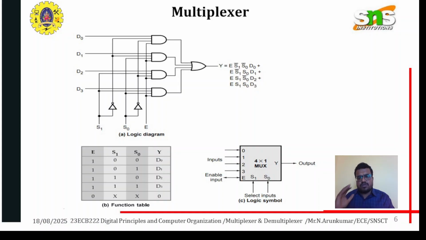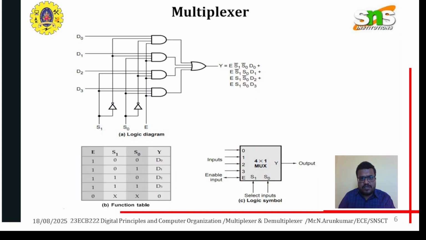Before giving it to the NOT gate the value will be 1, and after the NOT gate the value will be 0. So we get S0 and S0 bar. S0 is given as the input to the NOT gate, and after the NOT gate the value will be S0 bar. Like this, S1 and S1 bar are obtained, and the default value will be E. The E line is given to all the gates. After giving all the values, we can take the output.